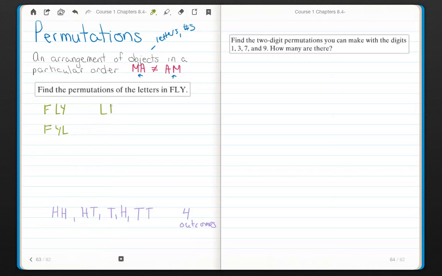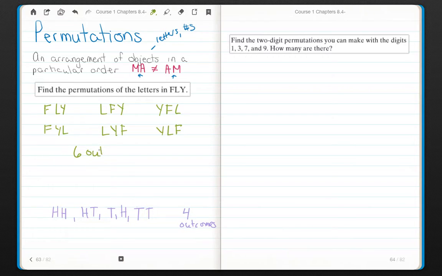So then I could have L go first. I could have L, F, Y, or L, Y, F. And then if I have Y go first, I can have Y, F, L or Y, L, F.